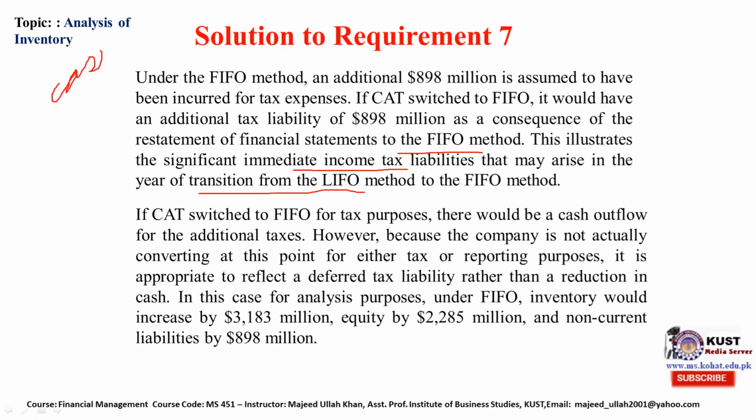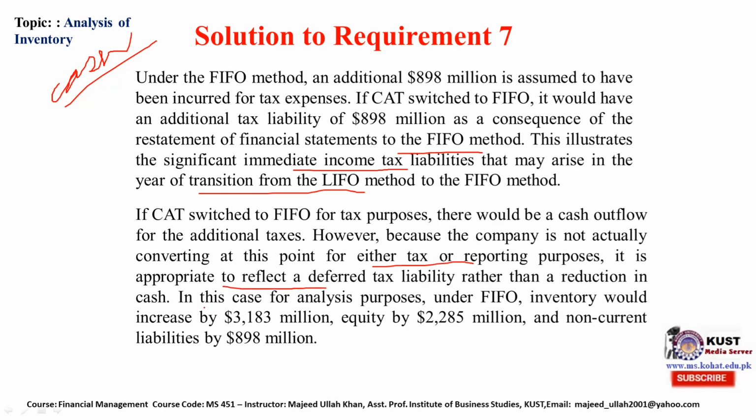What will happen to the cash? Now, switching to FIFO, for tax purposes it would be a cash outflow for additional taxes. However, because the company is not actually converting at this point for either tax or reporting purposes, it is appropriate to reflect a deferred tax liability rather than a reduction in cash.